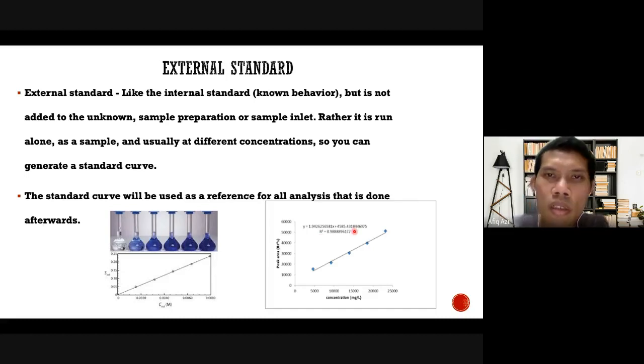Certain journals say the acceptable value is 0.98 and above. It depends, but it is better to have the R squared value closer to 1.0. If you get 1.0, then the standard curve has high accuracy.